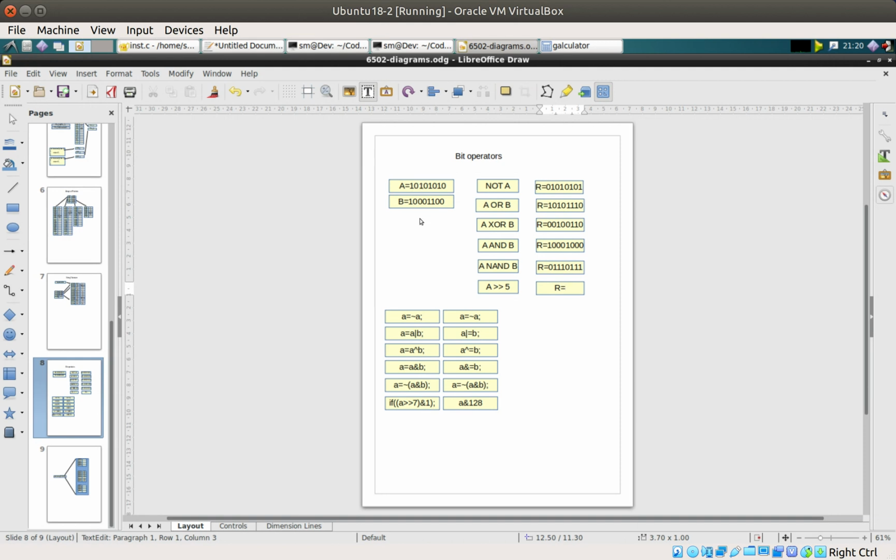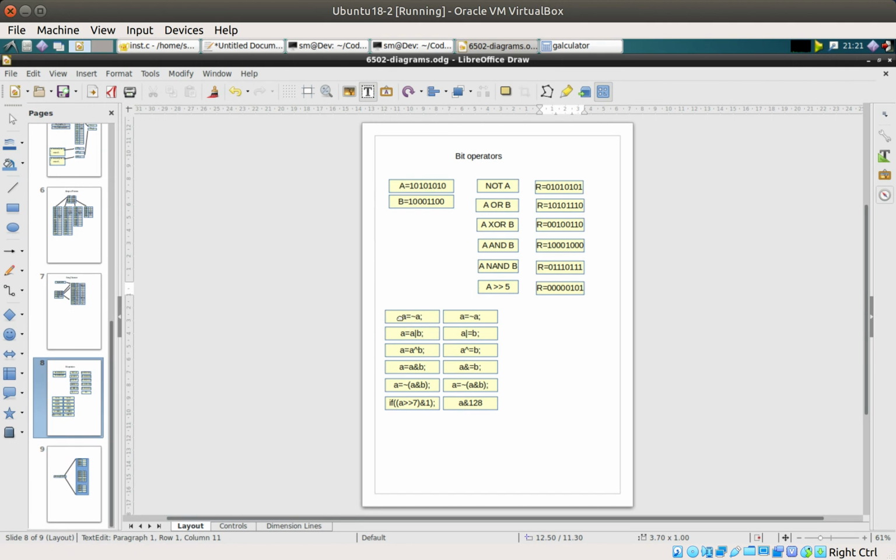The shift right puts a leading 0 in for every bit you move, so you end up with 5 leading zeros, then 1 0 1. If you were to logically shift left, you would move it the other way and the zeros would come in on the right.